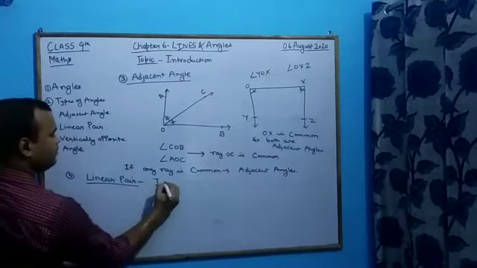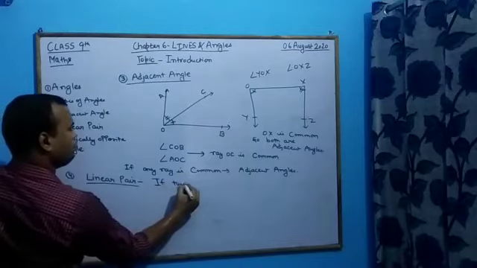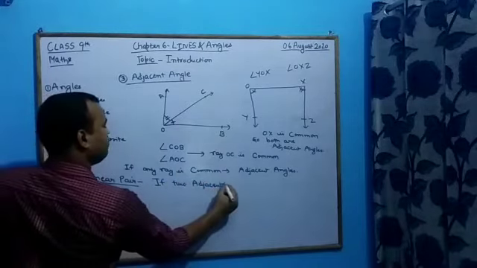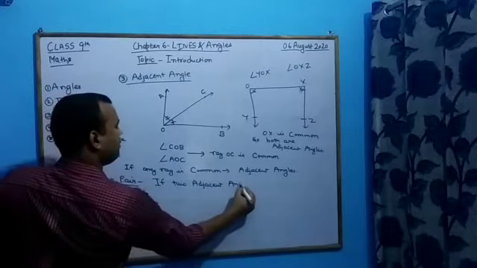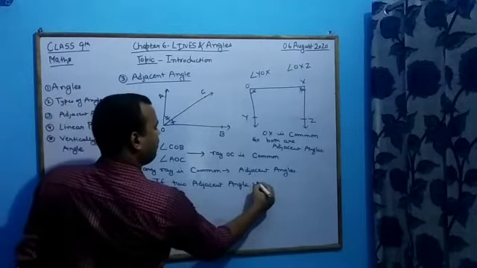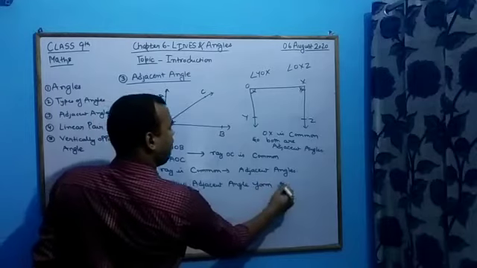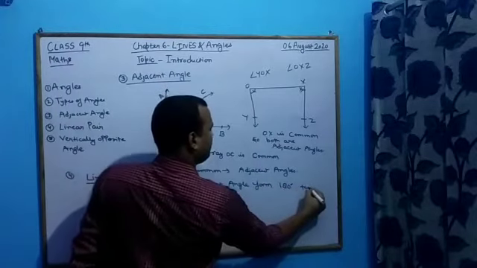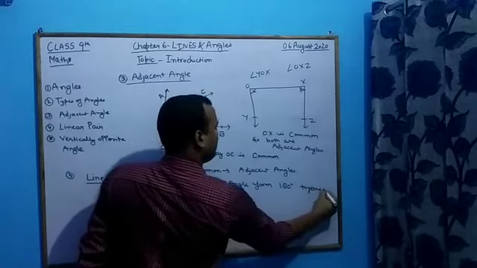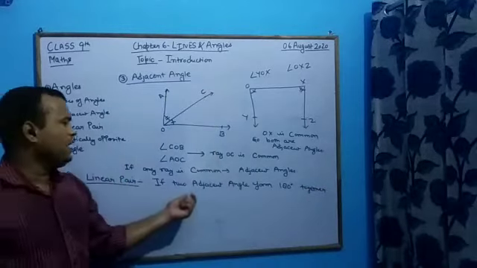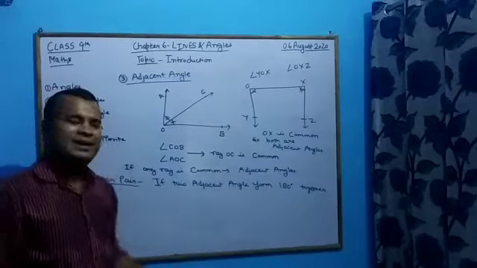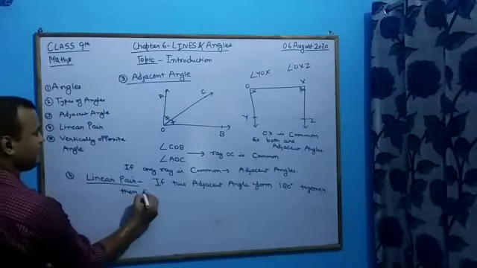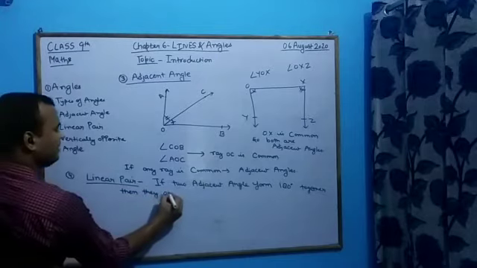If two adjacent angles form a 180-degree angle together, then they are called a linear pair.